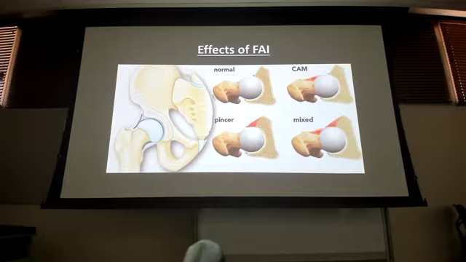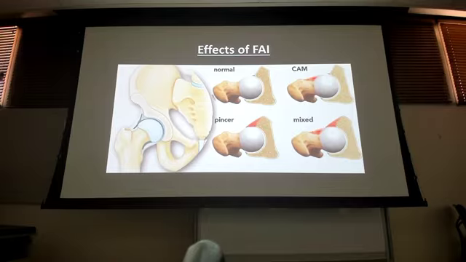That's an abutment of either the head-neck junction or the abutment of the acetabular side, and or the mixed type. Okay, does this picture make sense to everybody? Yeah, I thought this was a very good picture. So all the red you see there, that means that there's ongoing what? Degeneration. There's ongoing inflammation potentially, right?